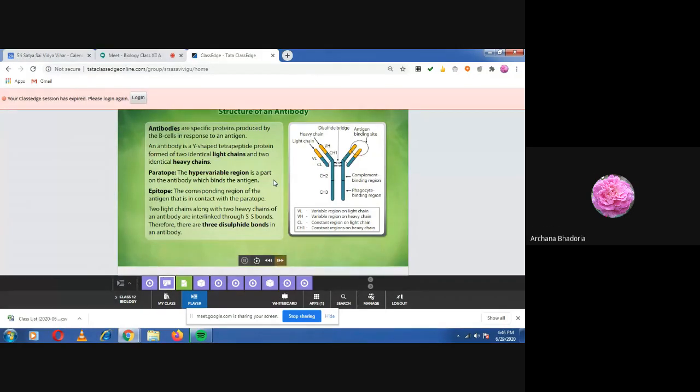It is produced by the B cells in response to an antigen. And it is Y-shaped tetrapeptide protein.